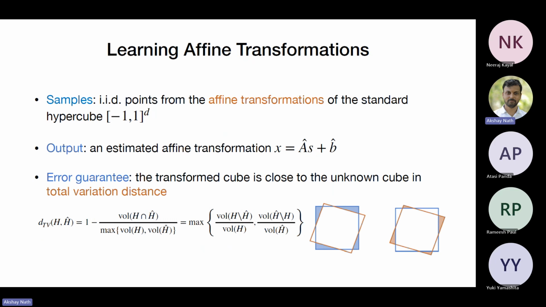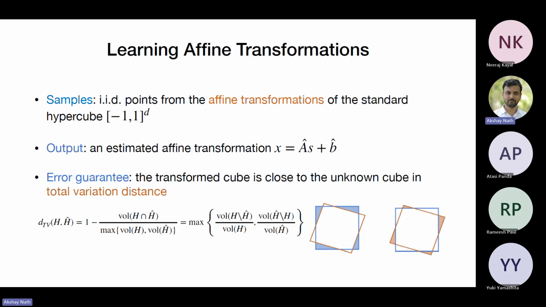Here's our problem: the samples are just i.i.d. points from an affine transformation of the standard hypercube, a parallelepiped in high dimension. Our outputs will be the estimated A and estimated b, and our goal is to get the transformed cube close to the unknown cube in total variation distance.